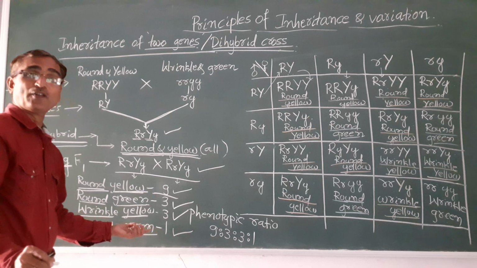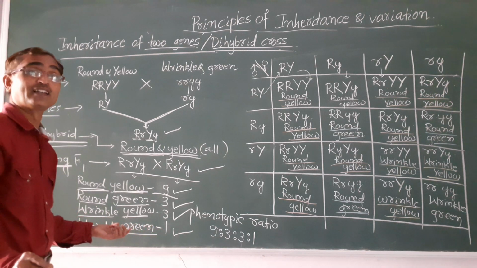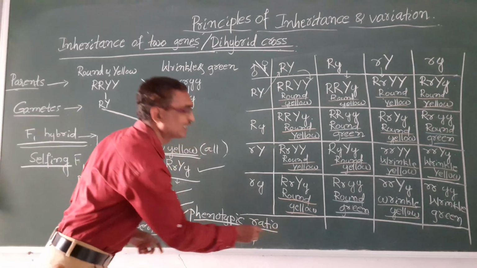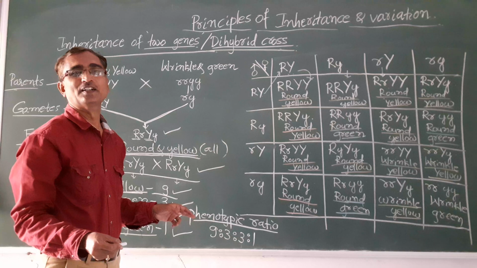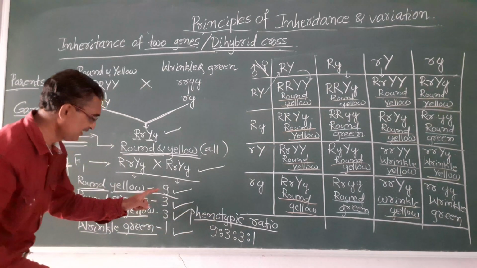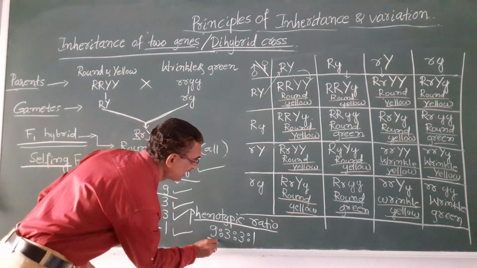So in the F2 generation, the phenotypic ratio, that is morphologically the plants ratio, was 9:3:3:1.